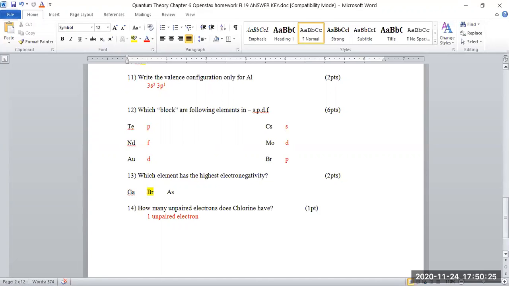And the last one makes you look at the periodic table and maybe even write out the electron configuration to figure this out.